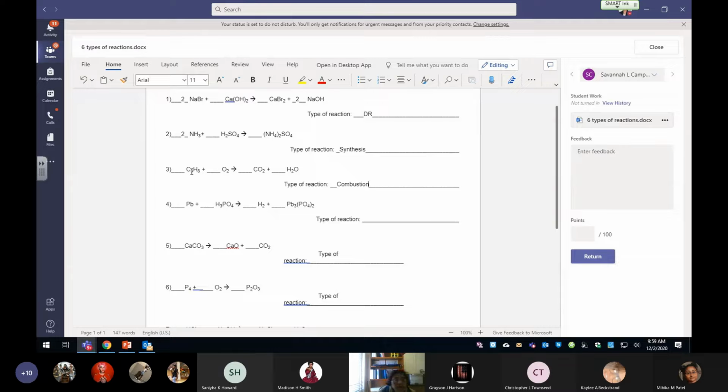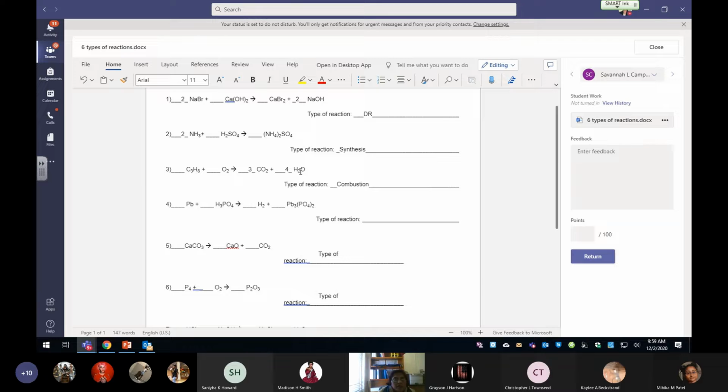Now how to balance it? There are 3 carbon on the reactant side. So you will put 3 in front of CO2 on the product side. Now count the hydrogen on the reactant side, 8, but there is only 2. So to make it 8, you put 4 in the front.